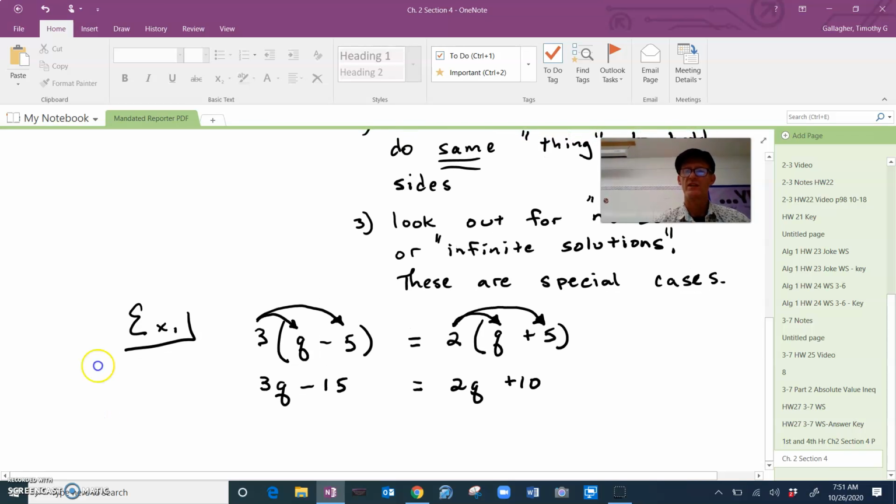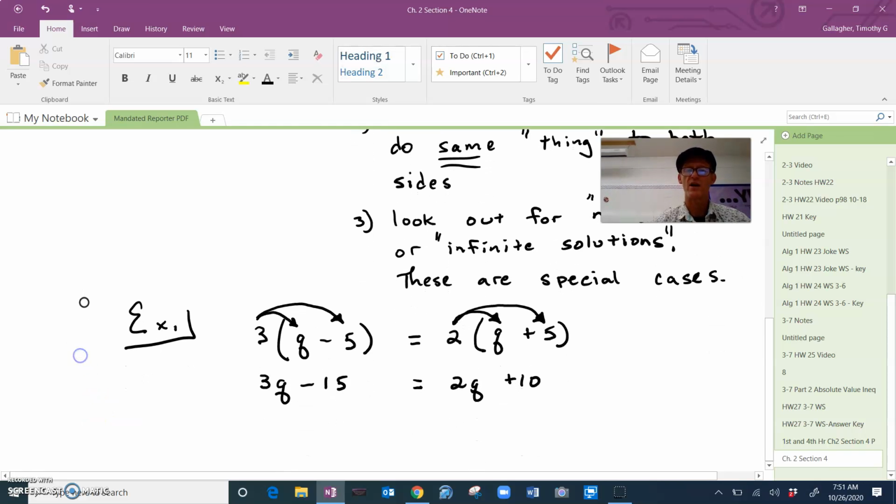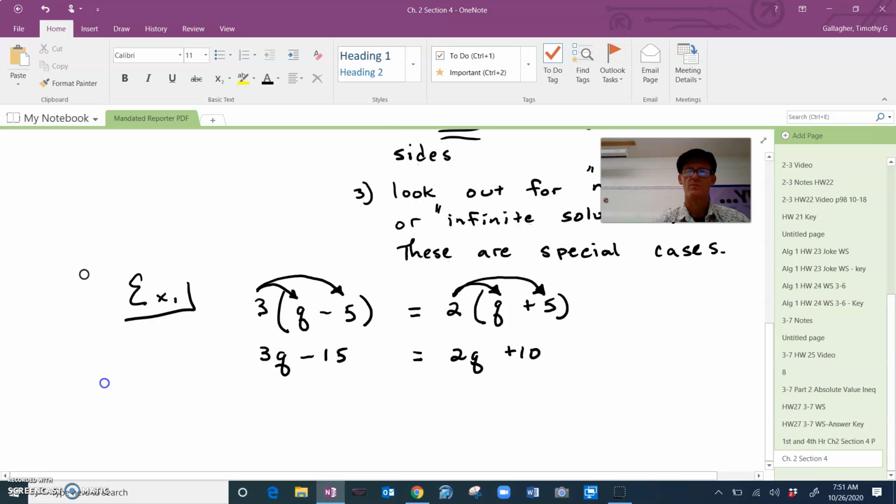Now, the key idea was to combine like terms with their opposites. I'm solving an equation, so I have to move this 2q to the other side and combine it with the 3q, using the opposite.